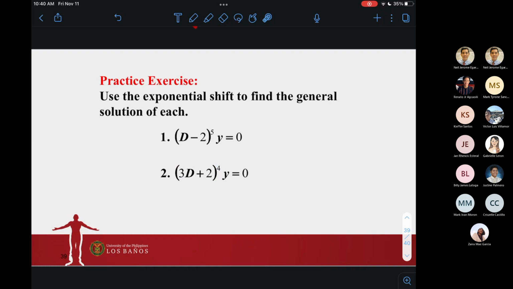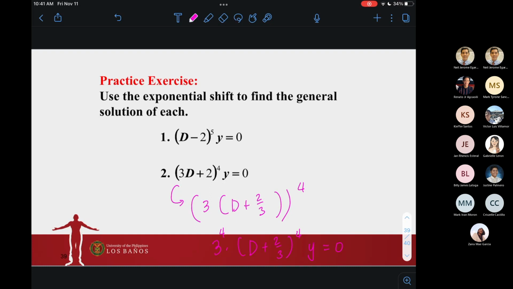So kailangan itong isulat muna as 3 times D plus 2/3 raised to the 4th power. Alright? Tapos gagawin yung 3 to the 4th times D plus 2/3 to the 4th applied to y equal kay 0.